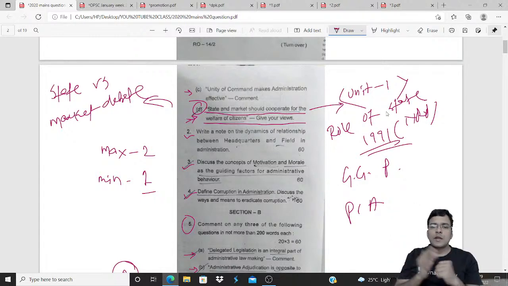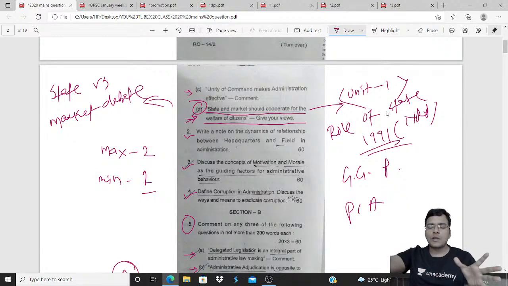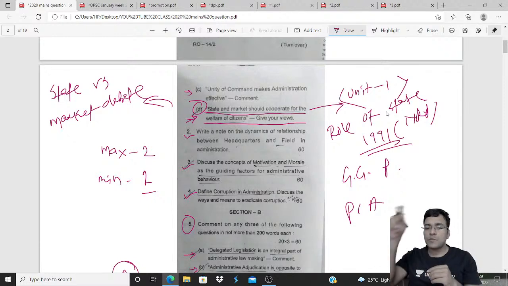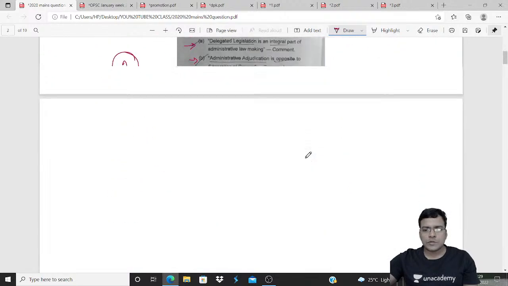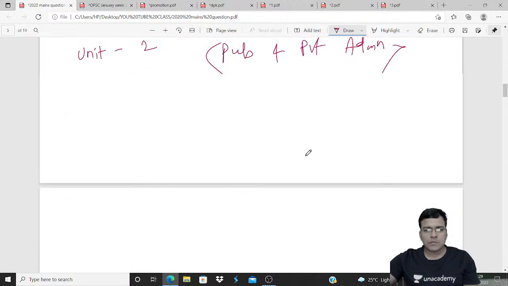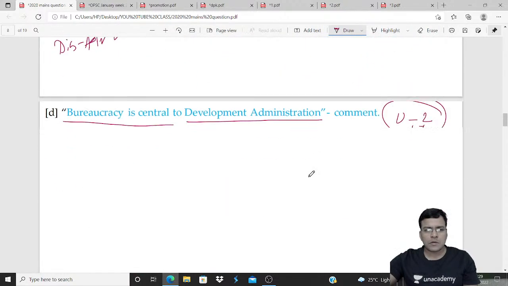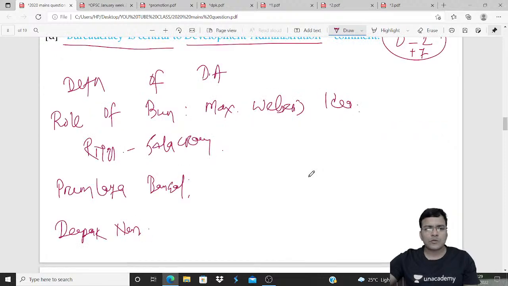And in the state versus market debate, we have discussed that state should involve in those areas where market is absent and let market freely operate in those areas where market can do well. And state comes out with rules, regulation, guideline under which market functions. Market should not be exploitative. This is the aim of state. So this question we have discussed.